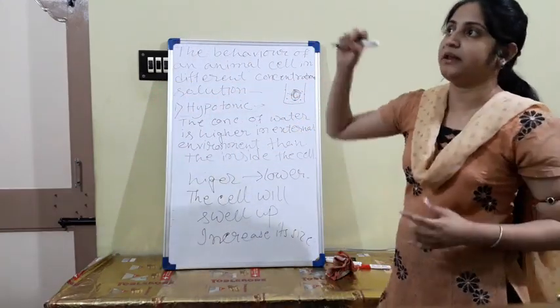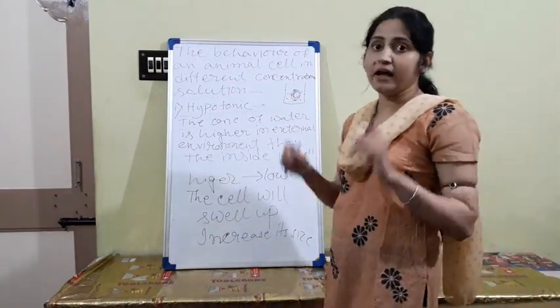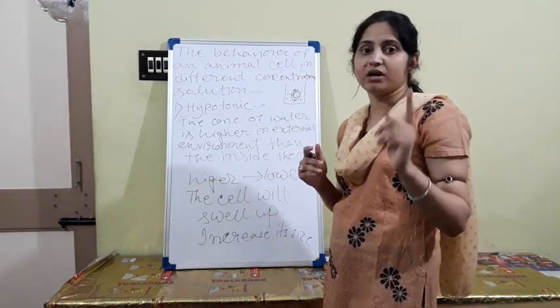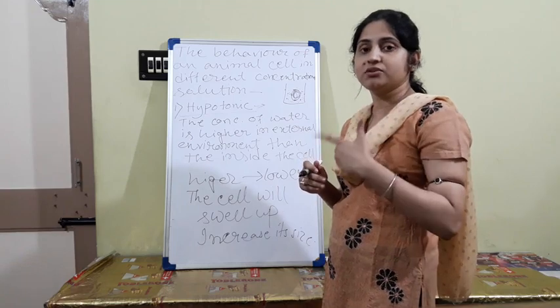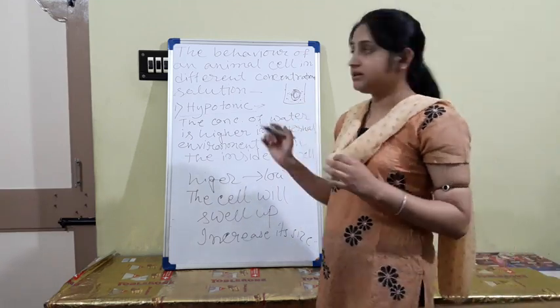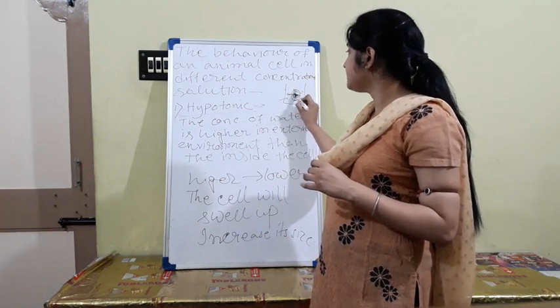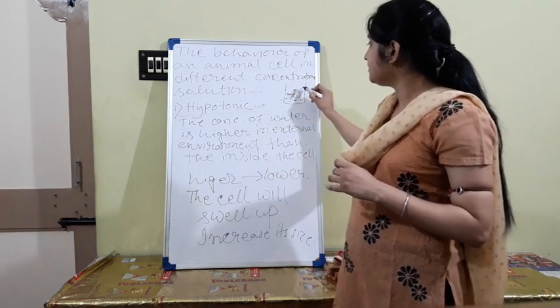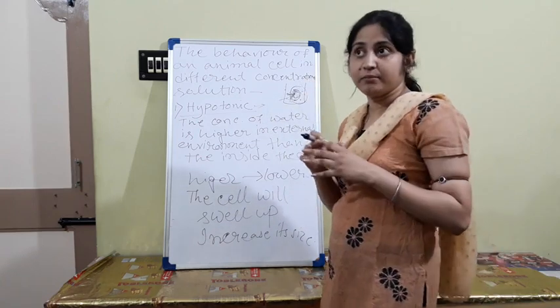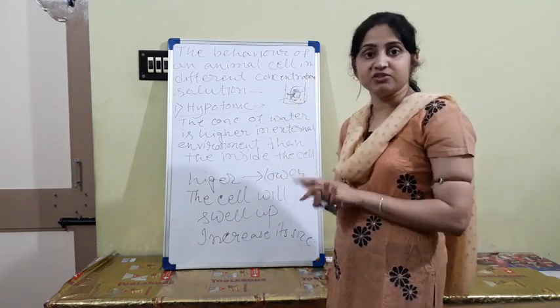If you dip an animal cell or any cell in the hypotonic solution, water movement occurs from the higher concentration region to the lower concentration region. As a result, if water continuously gets inside the animal cell, the cell will swell up, increase its size, and sometimes it will burst.